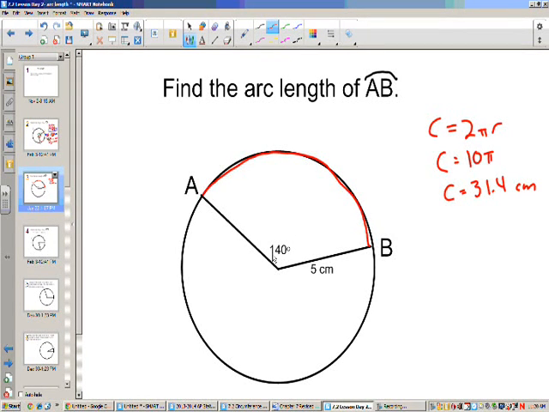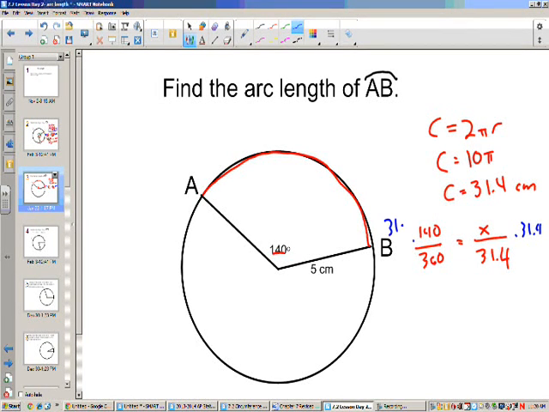We'd take 140 out of the distance around a whole circle, which is 360. And then we do the arc length, which we're calling x, over the whole circumference, which is 31.4. So now we multiply 31.4 on both sides.